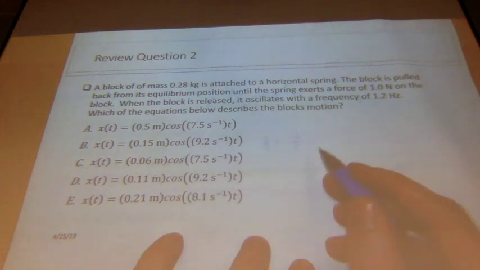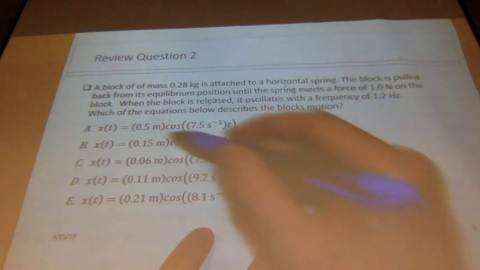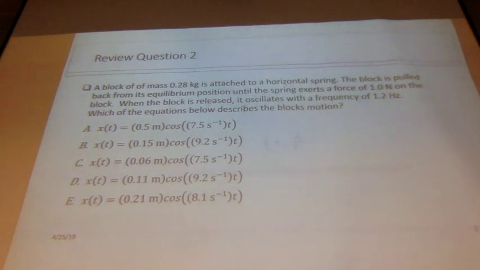So we know the general form. Since they're all positive cosine functions here, I probably should have stated that the block starts at x equals A at time t equals 0. But since they're all positive cosine functions, that by definition means that it has started there.